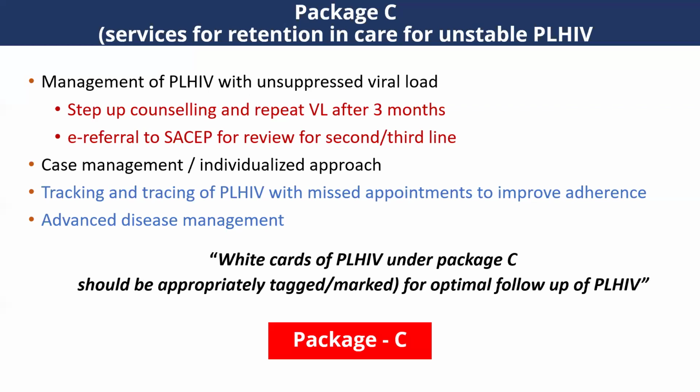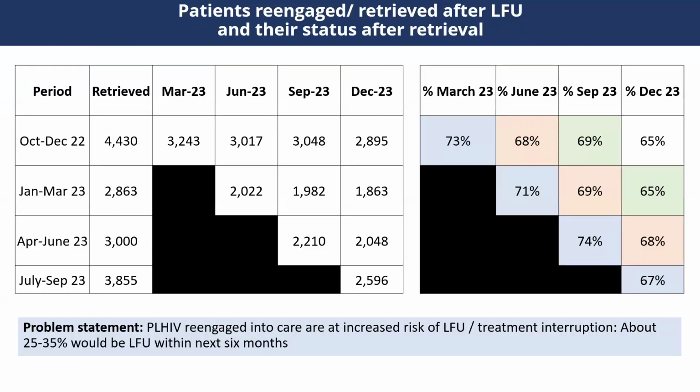And package C, this is very critical, because now the patients are coming with a high viral load. If they are coming with that, the very first step we need to understand is that enhanced adherence counseling is one important step, along with timely referral to SACEP, switching to an appropriate regimen if a switch is required, and ensuring that they do not miss treatment. So I'm giving you one example here.